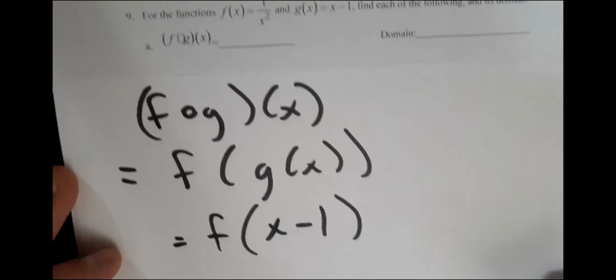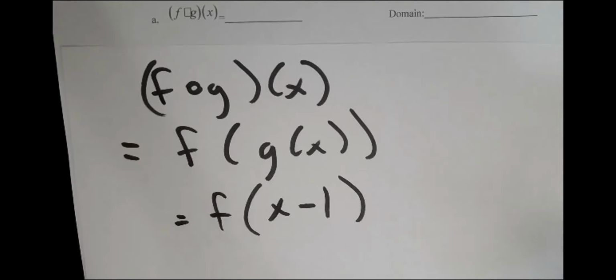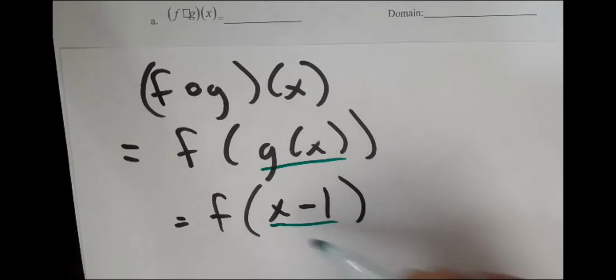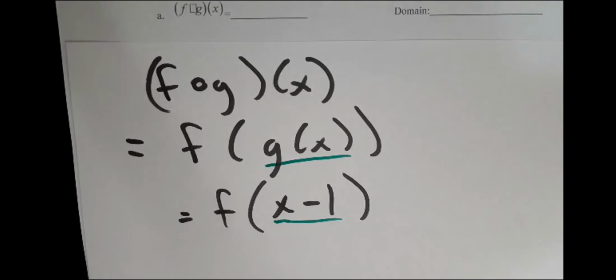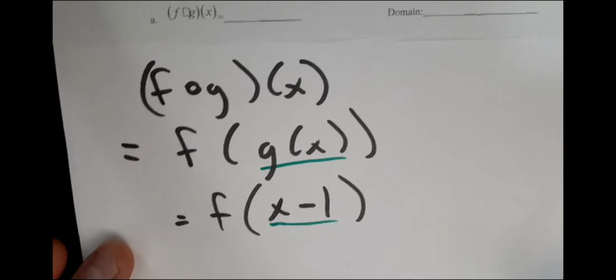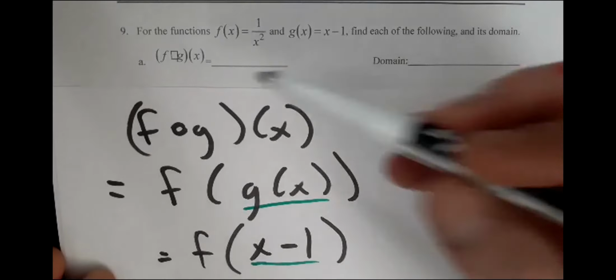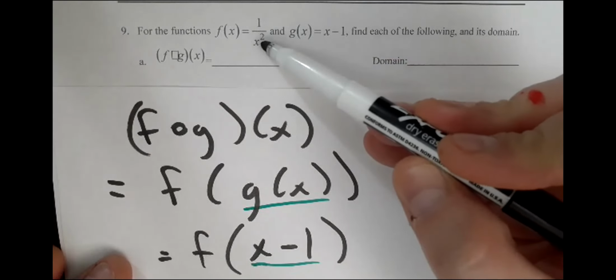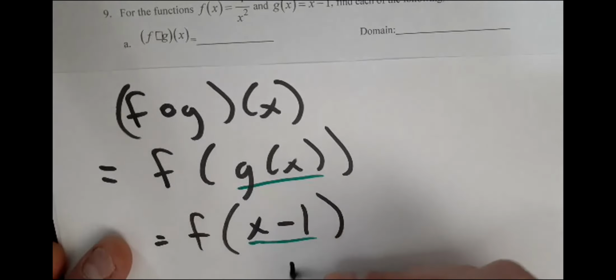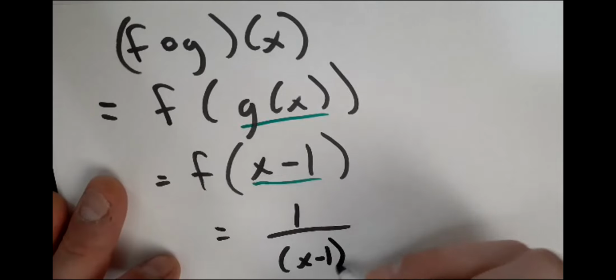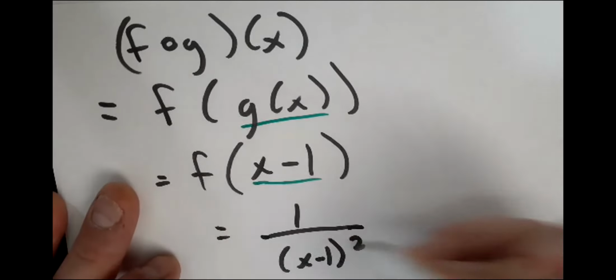And so now I'm doing f of x minus 1. Those are the same thing. I want to plug in an x minus 1 into my f function. So everywhere there's an x, I'm going to replace it with an x minus 1. So instead of 1 over x squared, this is going to look like 1 over x minus 1 squared.